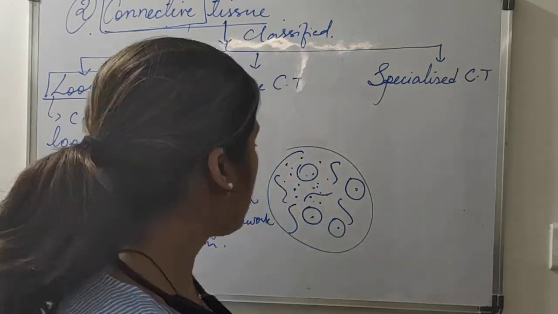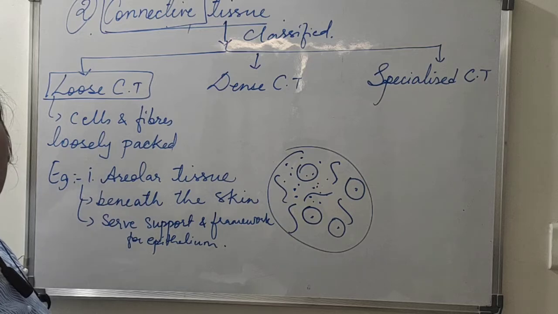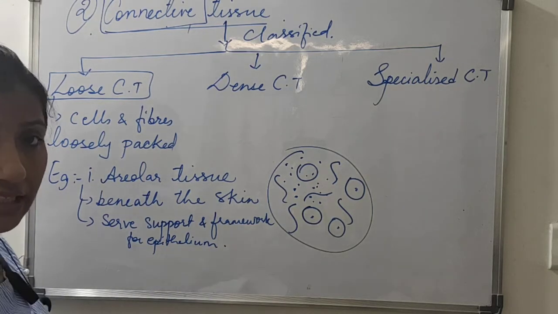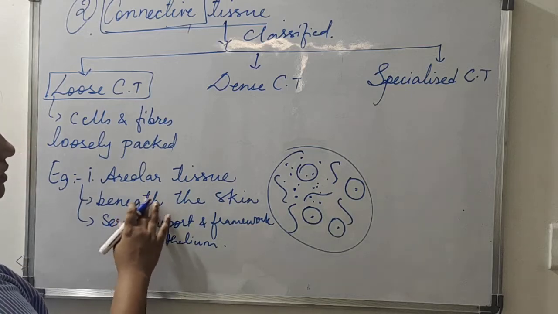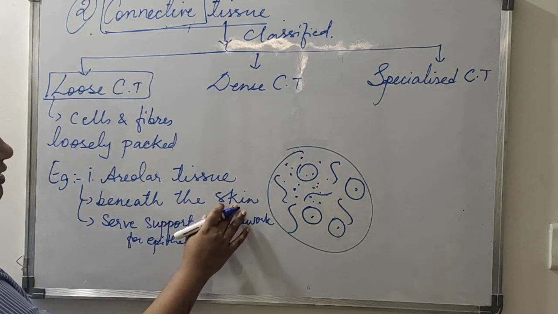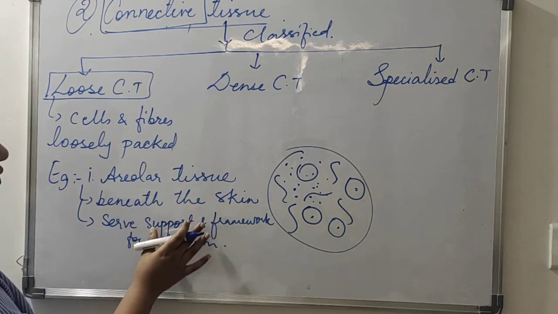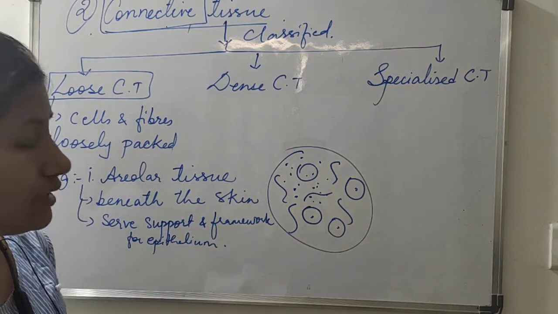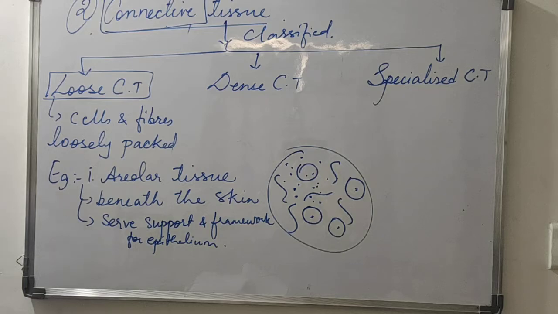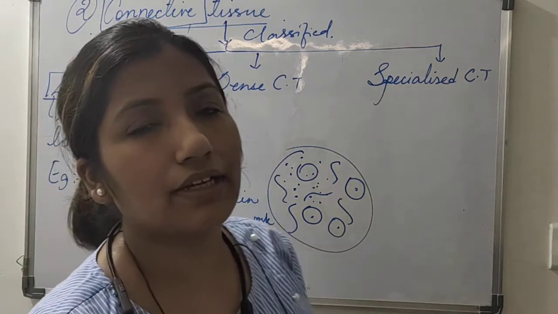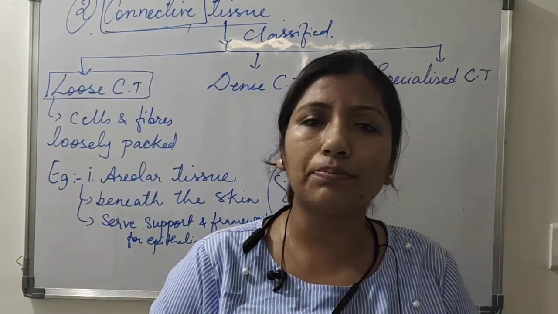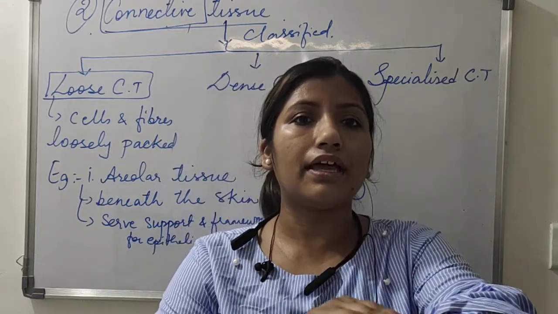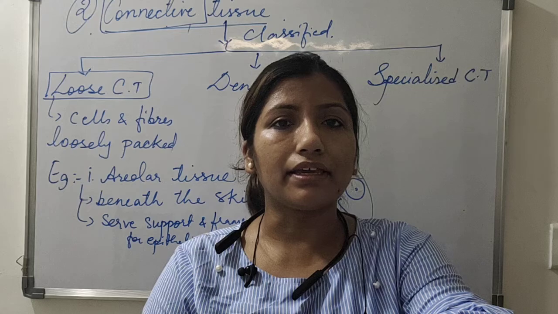Compound epithelial tissues are found in the skin, and this areolar tissue is found beneath the skin, where it provides support and framework for the epithelium. Alright? And you can relate this, like in young people, in adults, we see our skin is very tight and not shaggy, right?